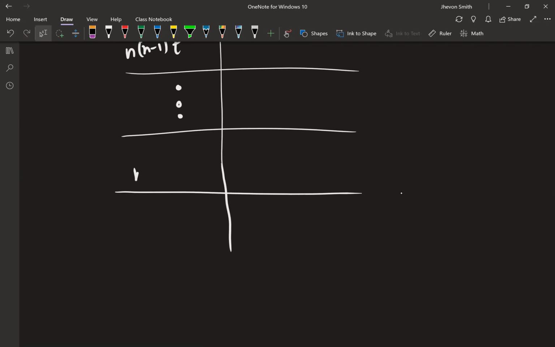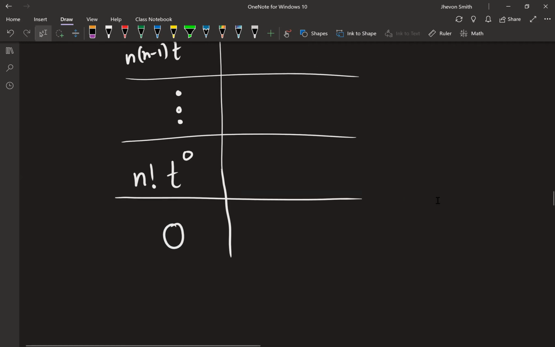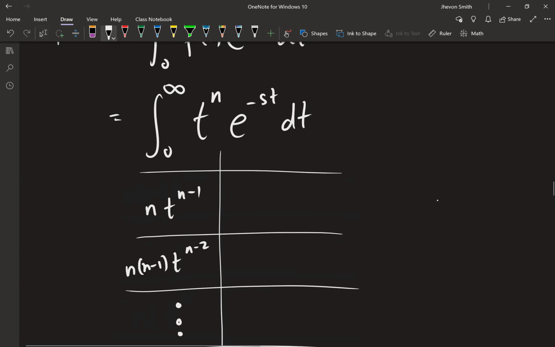The insightful among you would realize that you will end up with a coefficient of n factorial times t to the 0 at some point, and then the next one is 0, in which case you stop the process. Over here, you keep integrating the exponential. So you get minus 1 over s e to the minus st, then positive 1 over s squared e to the minus st.